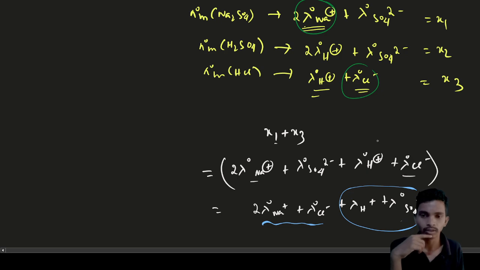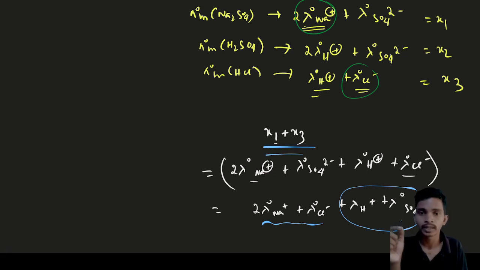So how can I subtract it? This one plus x1, and whenever you add x3, then we get this value. So from here I can easily subtract.